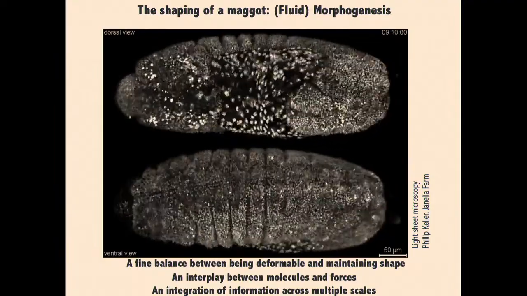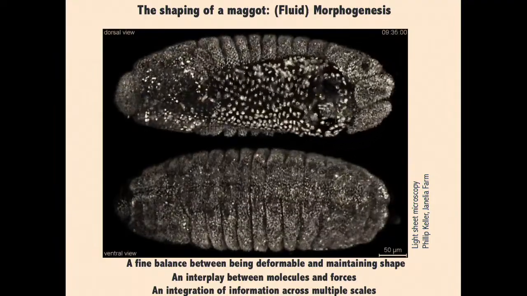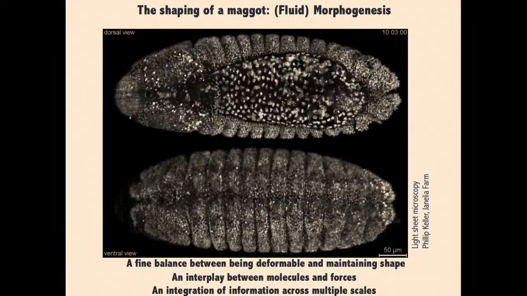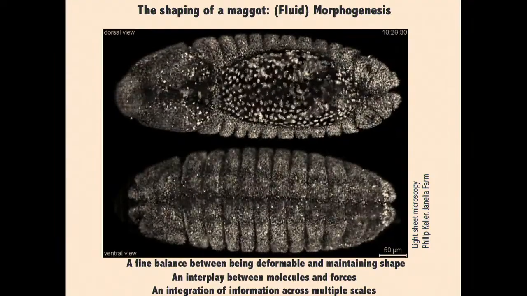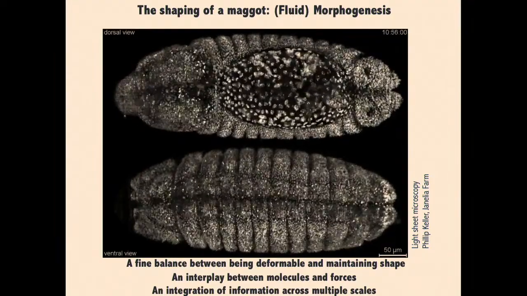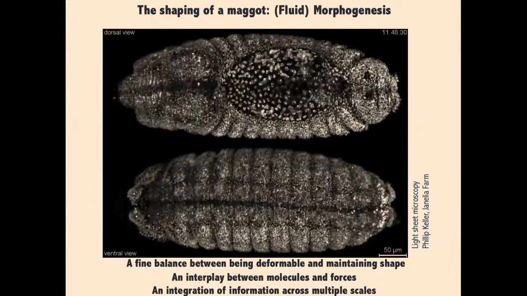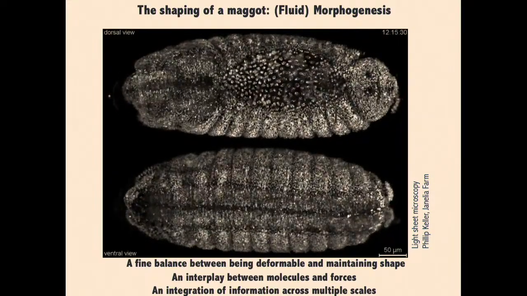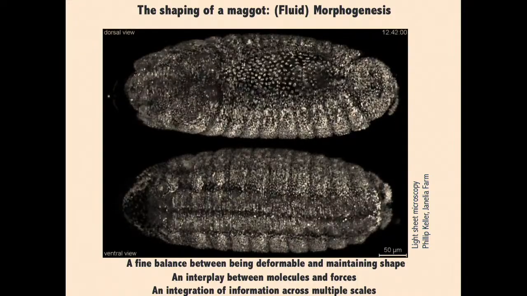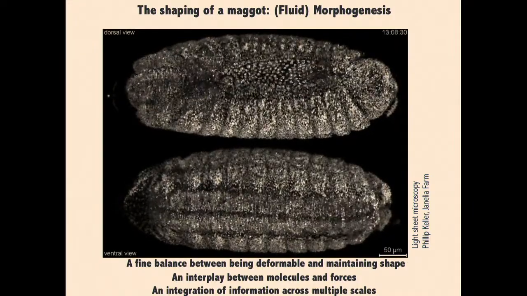It's almost as if the embryo was bent so that the head and tail were at the same end of the animal, and this reversal puts the tail end back at the tail and moves it away from the head. That's a process called germ band retraction that I'll talk to you about.